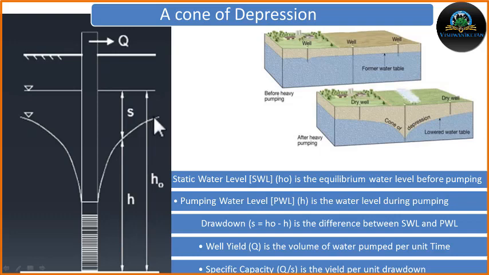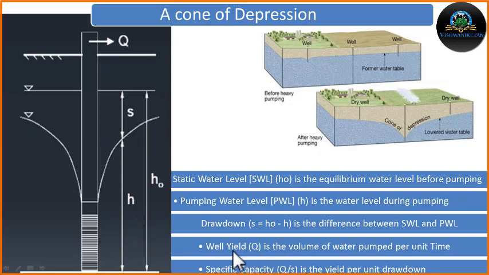Now, this pumping water table H was the depression which was created due to the withdrawal of water. This is H. Drawdown is the total amount of water between the static water table and the water level after the pumping.